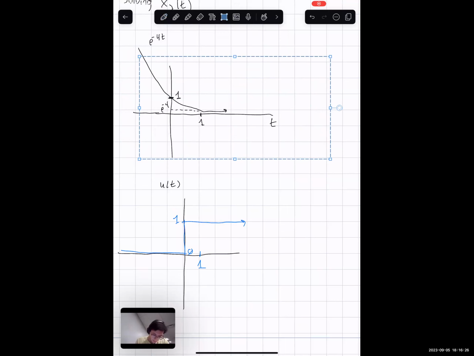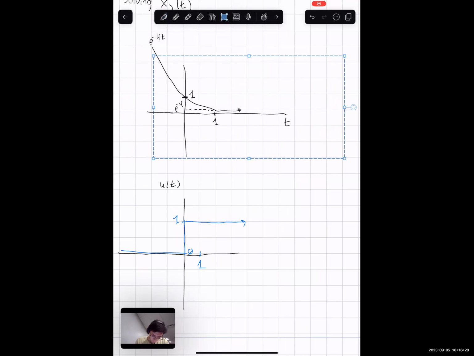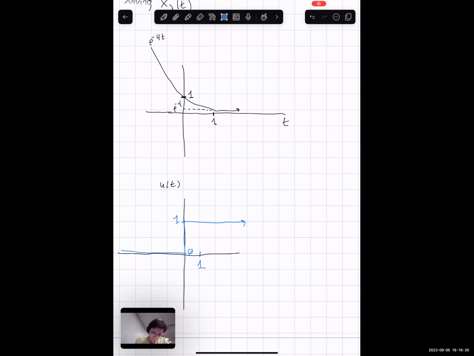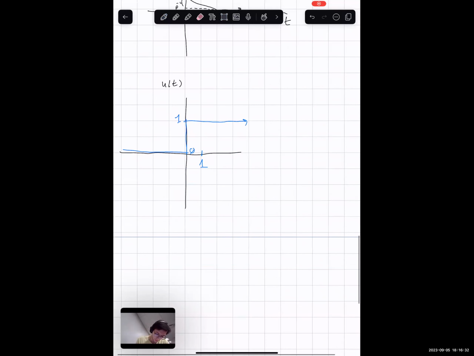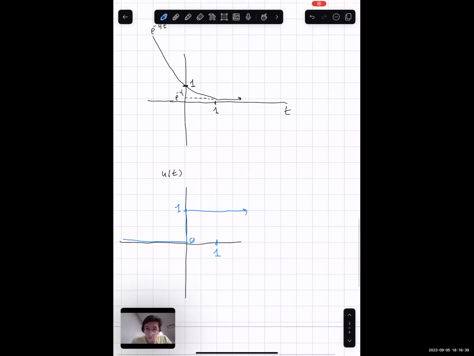Does anybody have any guesses for how this is going to look when we multiply them? What should be the first step? How do you think it's going to look? It's going to be 0 where? Before 0. Perfect. How'd you know that?